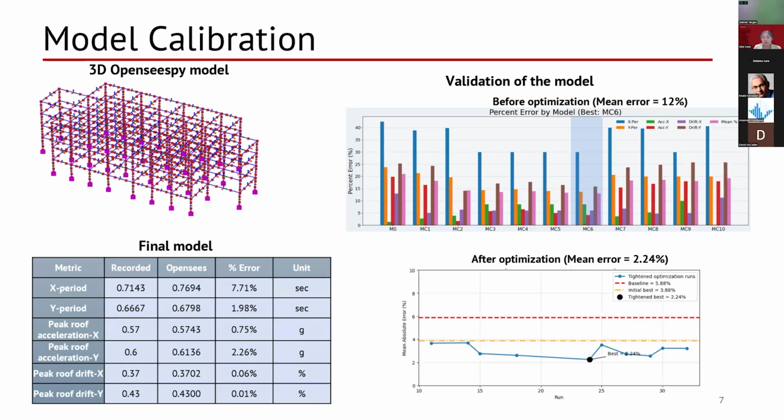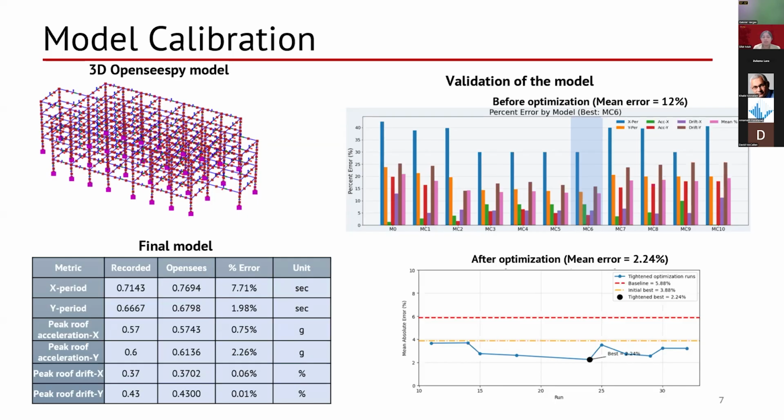And the final model actually is close to what has been designed initially, with the sizes that a structural engineer would basically assign. So eventually we were able to get a very good calibrated model with low error.